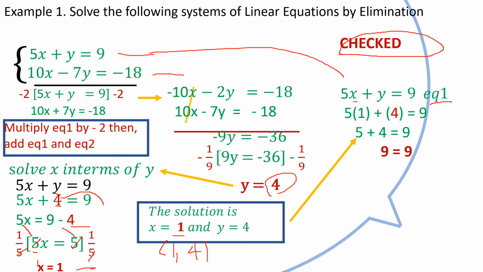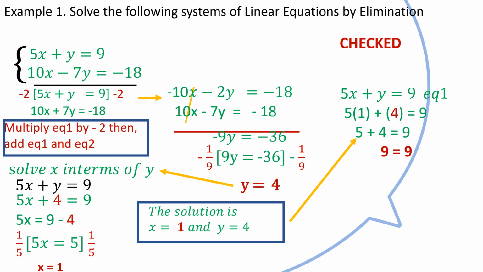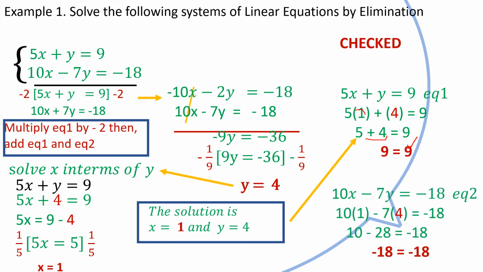Okay. Pagkatapos po natin gawin yan, we have now to simplify. We multiply 5 times 1, that is equals to 5, and bring down 4. 5 plus 4, that is equals to 9, which is equals to 9. Check. Then for the second equation, ang ginamit natin ay dito. 10x minus 7y is equals to negative 18. Remember, we have to write the equation.